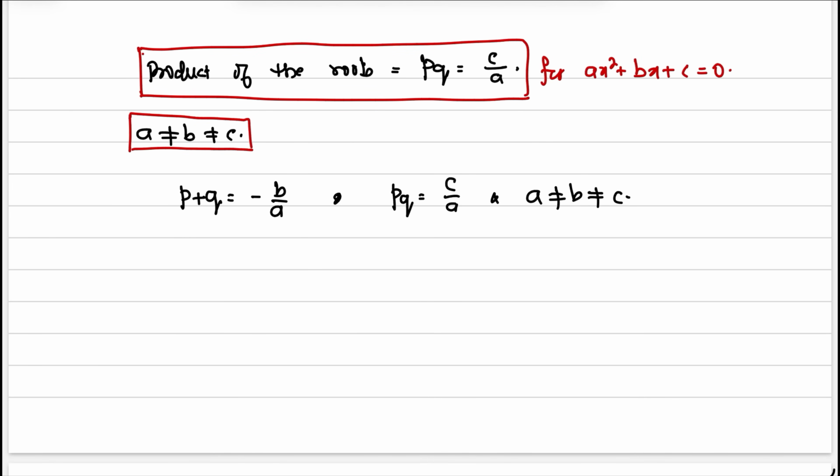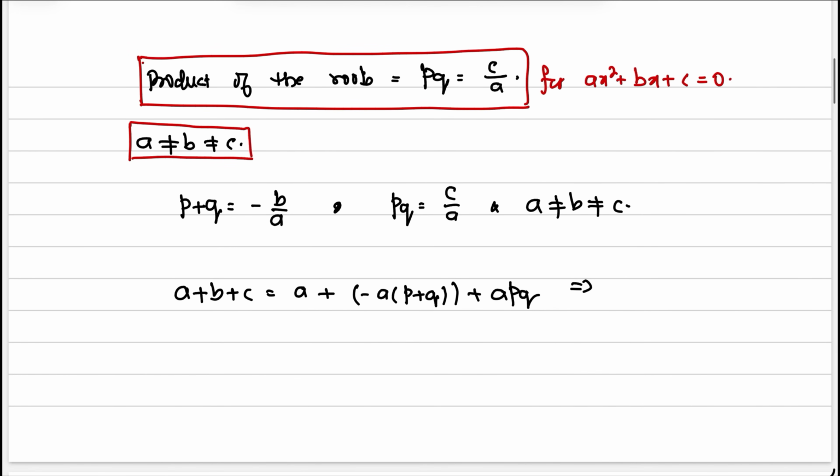What is A plus B plus C? A plus B plus C is equal to, in P and Q terms, A we will write as it is, plus B is nothing but minus A into P plus Q, minus A into P plus Q, C is equal to A into PQ.